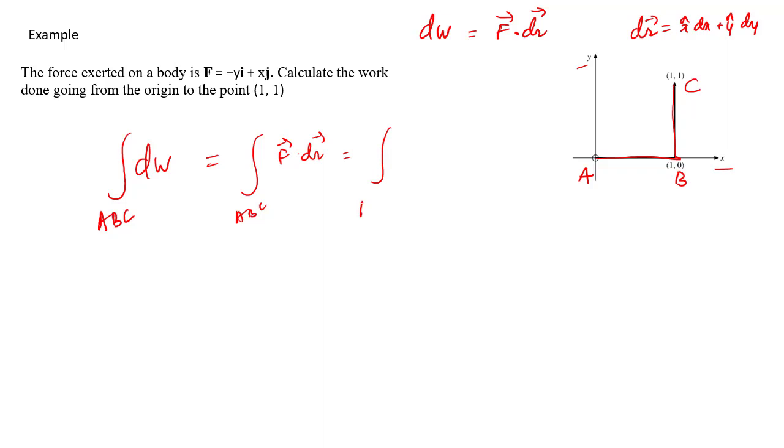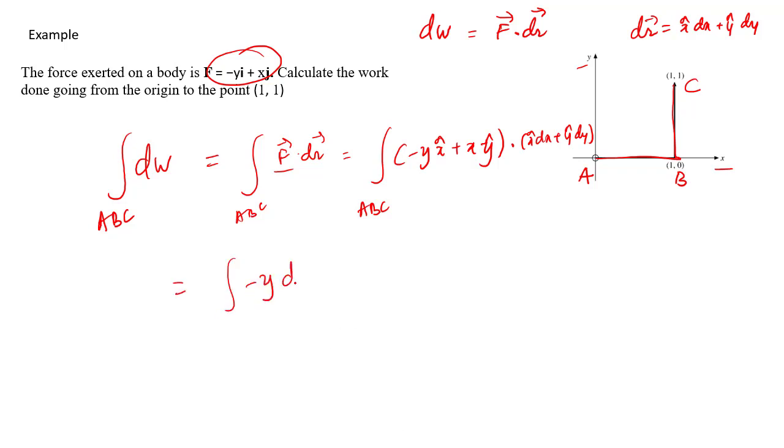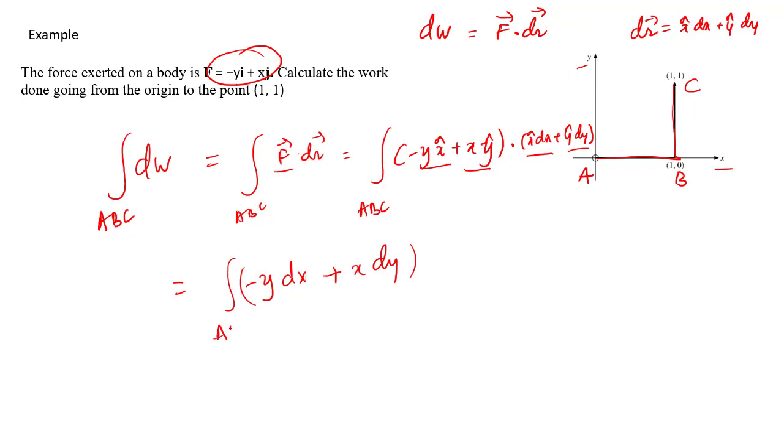So along path ABC, F is negative y along x and positive x along y, dotted with x dx plus y dy. Then I have this equal to minus y dx, this term and this term, plus x times dy. This is the integral that I'm supposed to perform while I'm going along the path ABC.